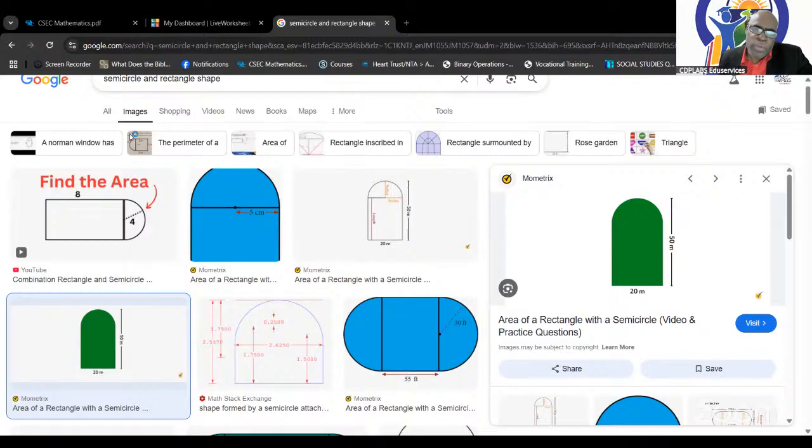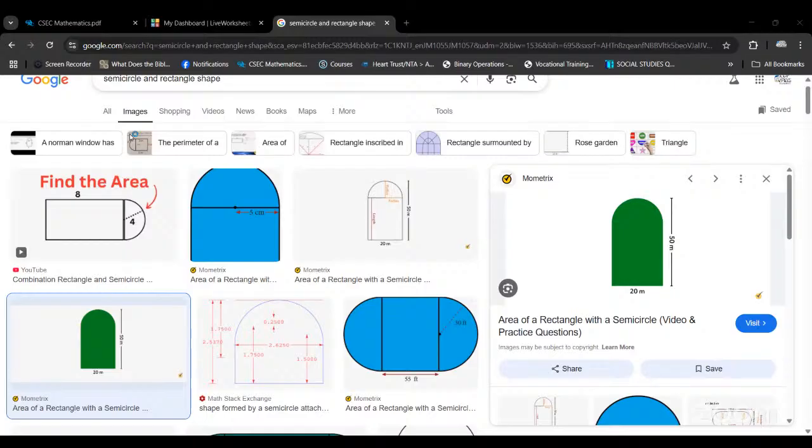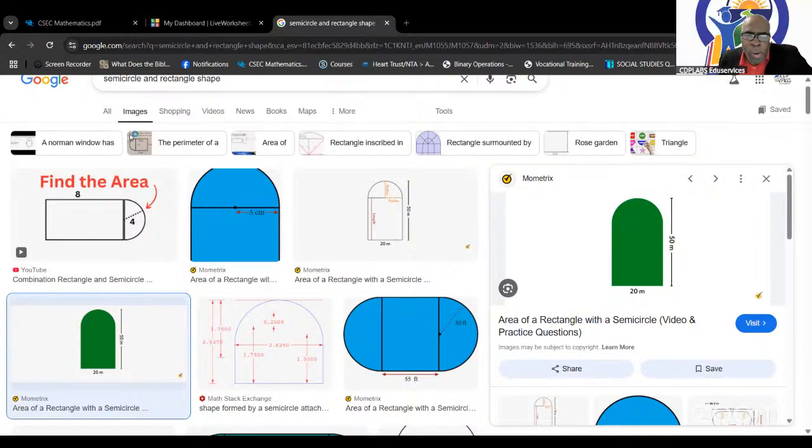What if you were to find the full area of the full thing? You would have to find the area of the circle first, and then a semicircle, and then the area of the rectangle, and then add it together. Simple.